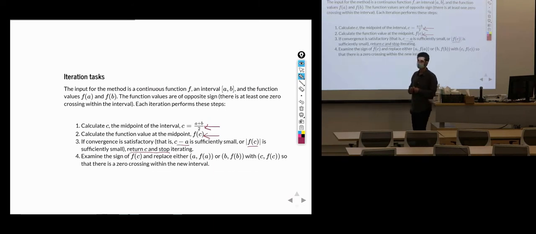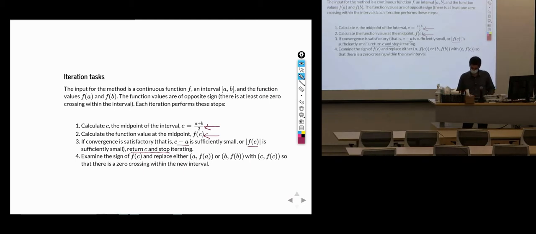Should it also be less than or equal to 0 to take into account if it just touches the x-axis and goes back up? Oh, we haven't done that. That's step 4. Step 3 is just checking whether it has converged or not. Right, but I'm saying in general, what if the function just touches the x-axis and then doesn't go down but goes back up? That would still be a root, right?